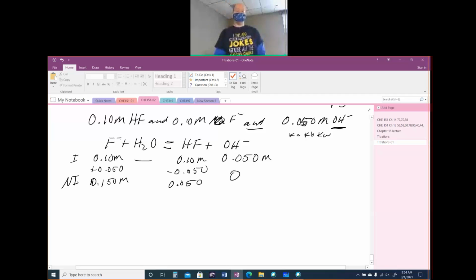All right, and so now we recognize this as a buffer. If you do not recognize it as a buffer, then you will have to find the Kb, which is your Kw divided by your Ka, and then you can solve for X, get the pOH, and convert it to pH.